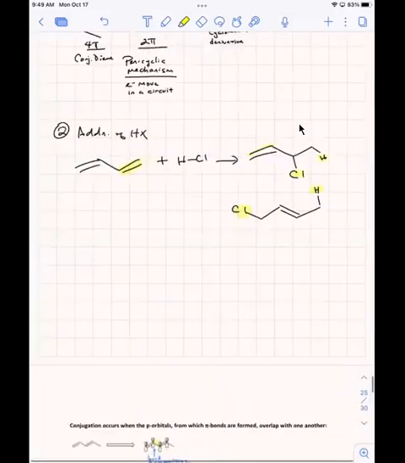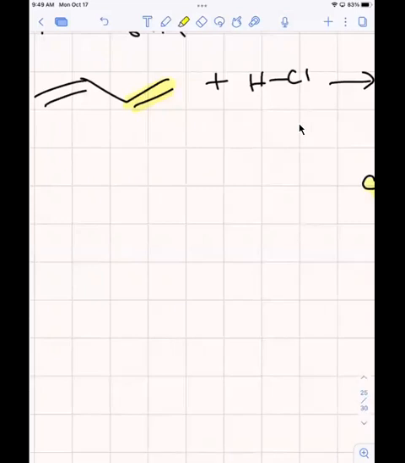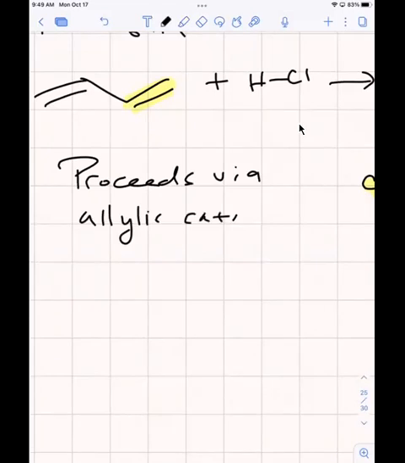All right, this particular reaction, where we add HX to a conjugated diene, this always goes through what we call an allylic cation. So this is always the intermediate, but there's a plus charge here.